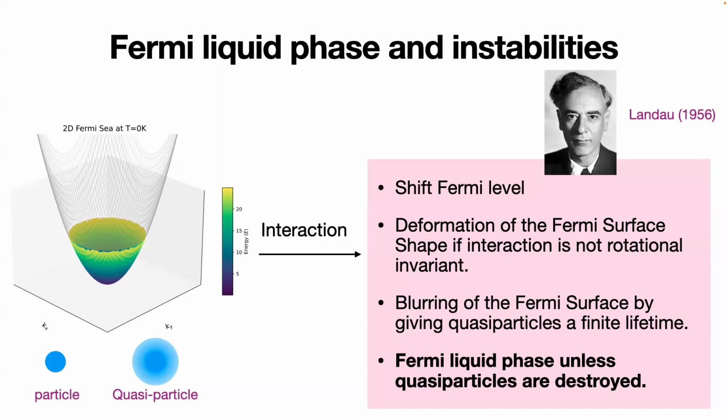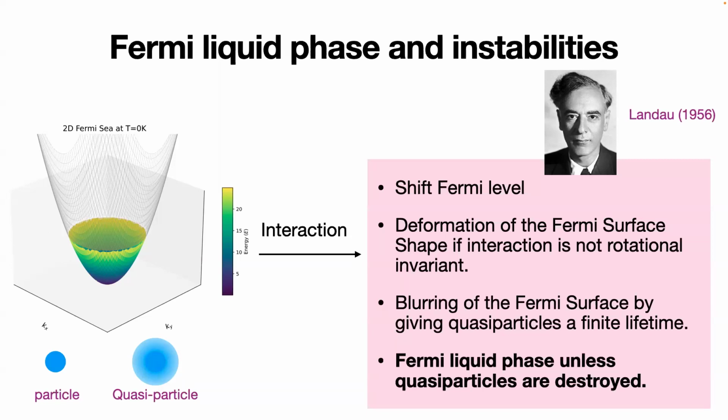The formation of quasi-particles makes the Fermi surface no longer sharply defined. Those quasi-particles acquire a finite lifetime, so they can decay at some rate. If the interaction is not rotation invariant, then the Fermi surface can be deformed and break some rotational symmetry. It can also shift the Fermi level.